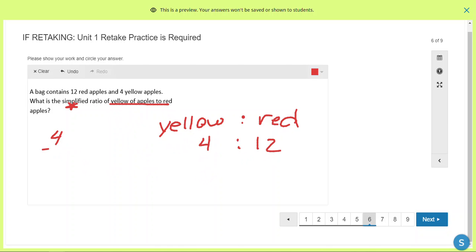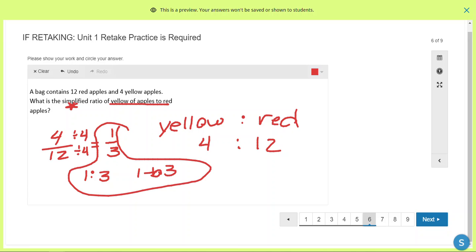Now, if I look at that fraction, I can simplify it, and it gave me a hint, simplify my ratio. I can divide that by 4 because they're even, and Big Brother 4 works. 4 divided by 4 is 1, 12 divided by 4 is 3. Remember, you are welcome to always use a multiplication chart as we go through these. And there are the 3 ways that you could write the ratio. All of them are correct.